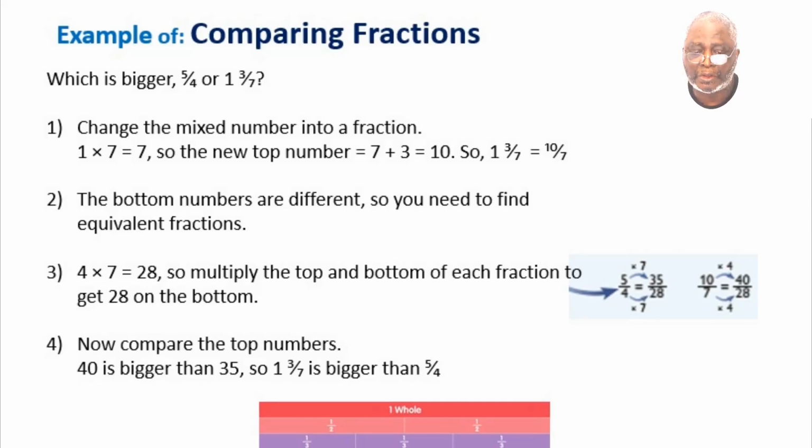Now you have fractions with the same denominator, the same bottom number. You can now compare your fractions. 40 is bigger than 35, so 1 3/7 is bigger than 5/4.